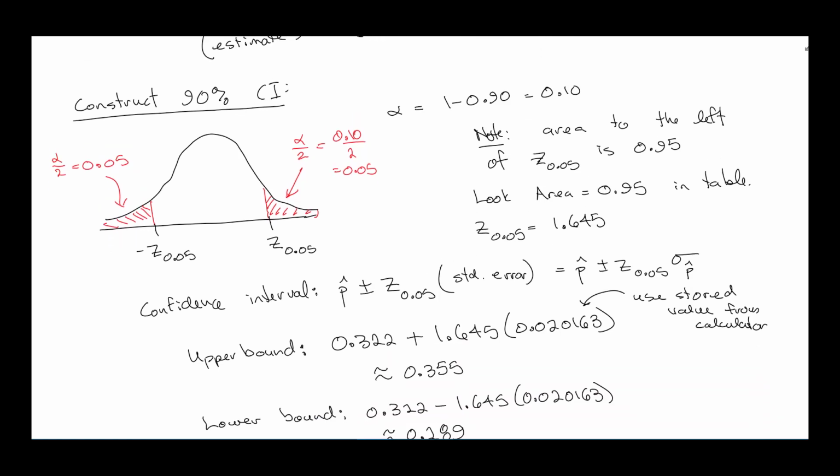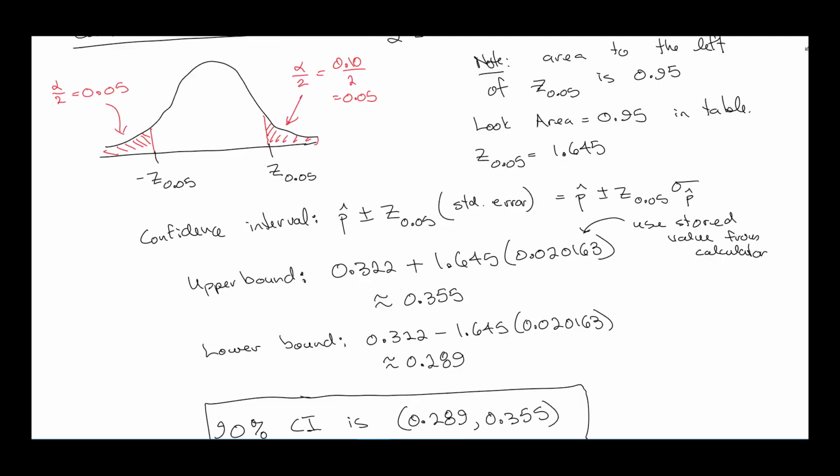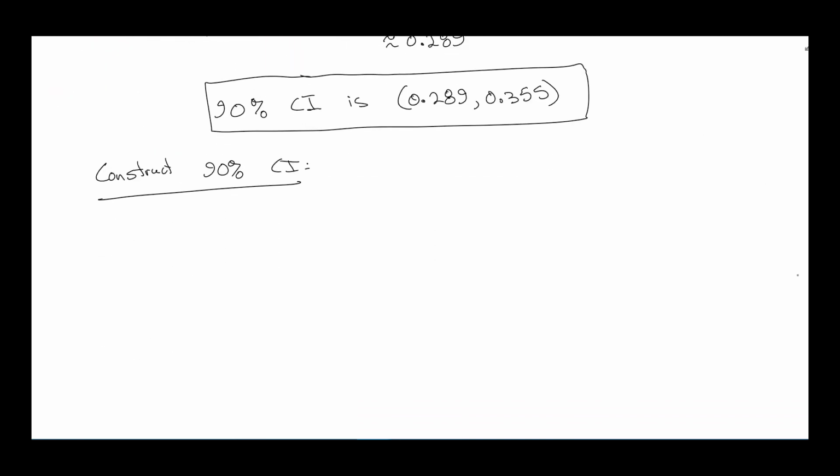We do need a new critical value, so let's make ourselves a new picture, because the confidence level is going to matter on that. And actually, sorry, this should be 95%. We already did the 90%, right? 95% confidence interval. Okay, so let's sketch our picture.